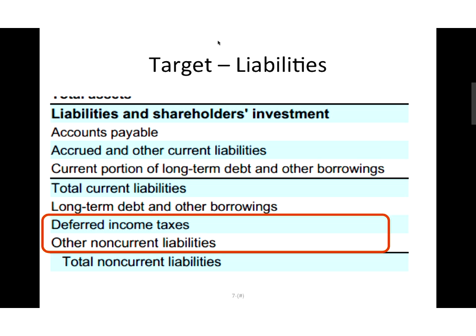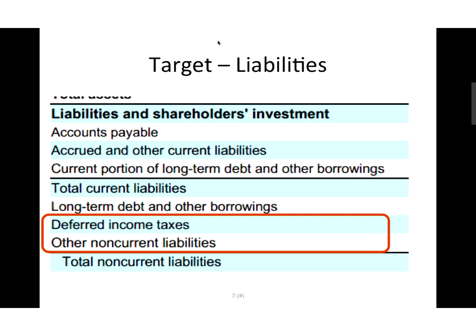Okay, and then we have deferred income taxes and other current liabilities. Deferred income taxes are when Target owes income tax due to a timing difference. They won't pay it for 5 years or whatever down the road. It's a long-term difference, so they put that in deferred income tax as a liability that's not due right now. That's perfectly legal, and it may not make sense yet, but know that it's there.